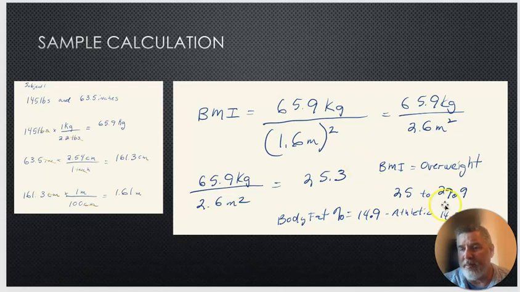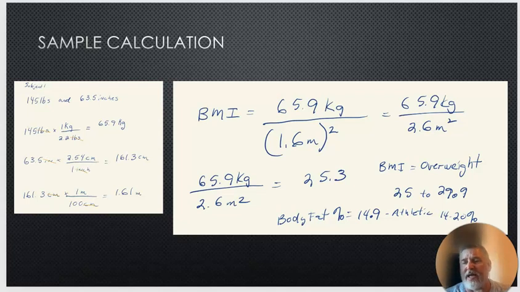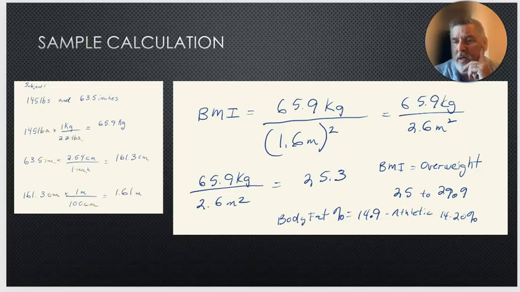I chose this example from a specific athlete, letting you see this athlete's actual percent body fat, because I measured it. Remember, BMI isn't the same thing as body fat, but just looking at their BMI, they're considered overweight.